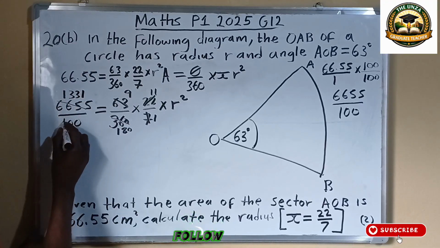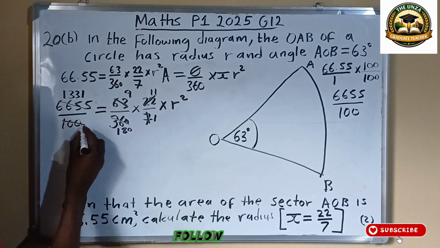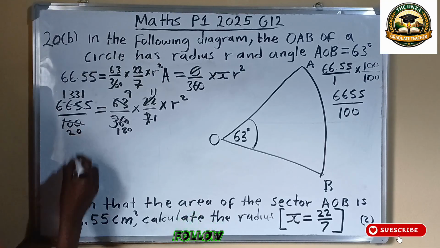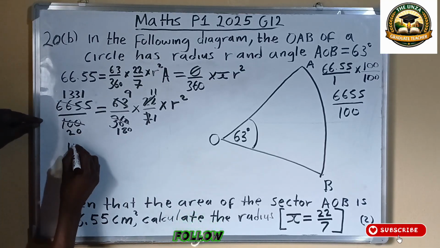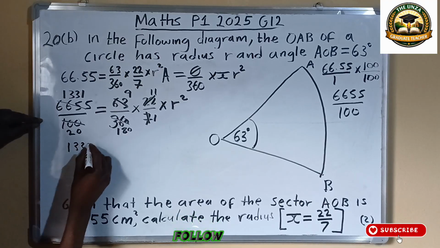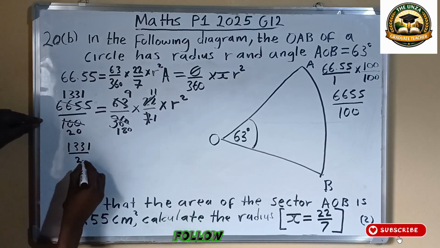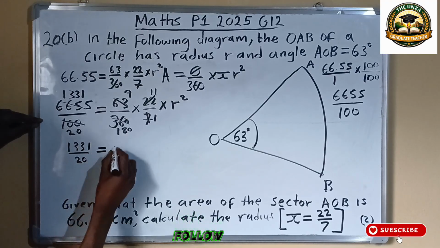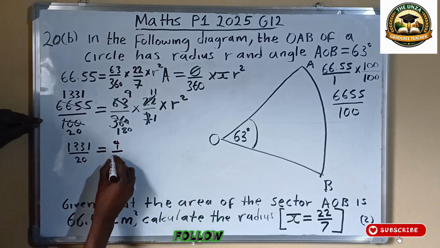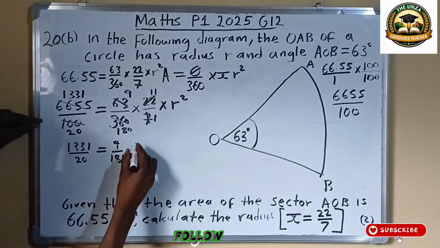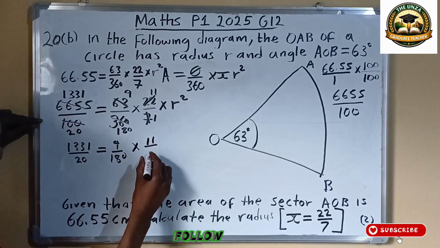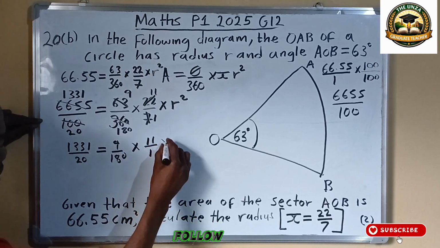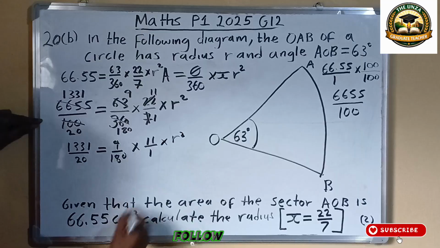Then 5 into 100 gives you 20. So the equation will be 1331 over 20 equals 9 over 180 multiplied by 11 over 1 multiplied by radius squared.